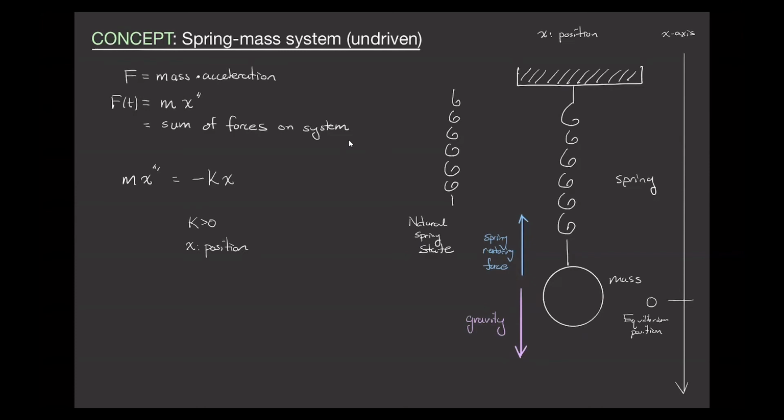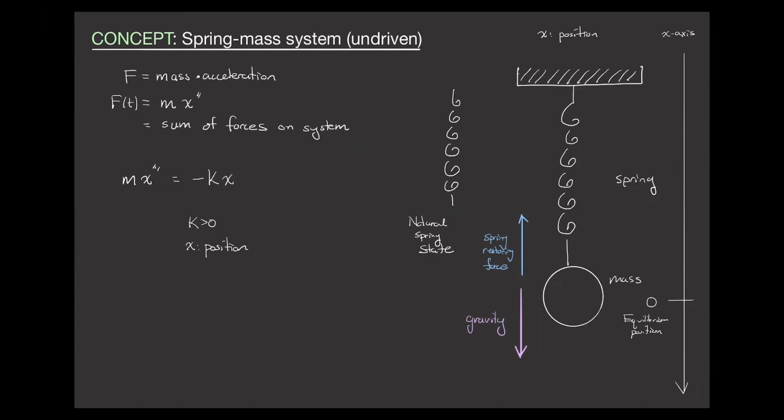So if you give this thing a big displacement from 0, here, if it's at 0, there's no spring restoring force additionally beyond the one that's resisting gravity. But if you give it a big displacement, this will be a large force. And it will always try to displace you back to equilibrium.